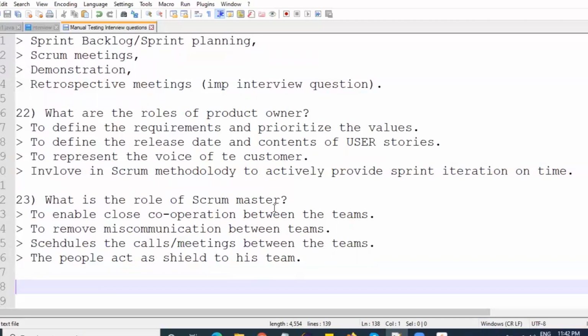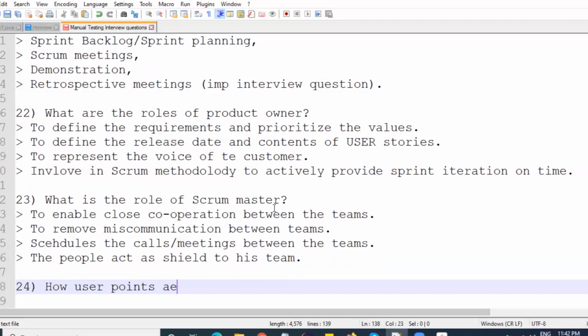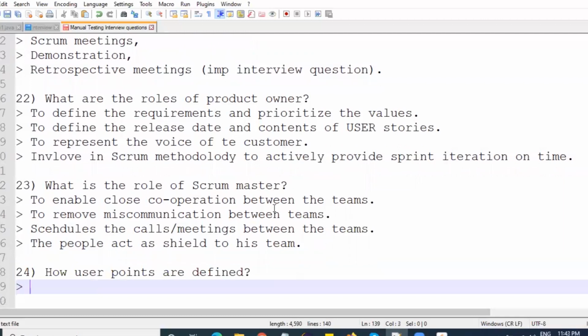Okay, the next one is the 24th question, very important. How are user points defined?